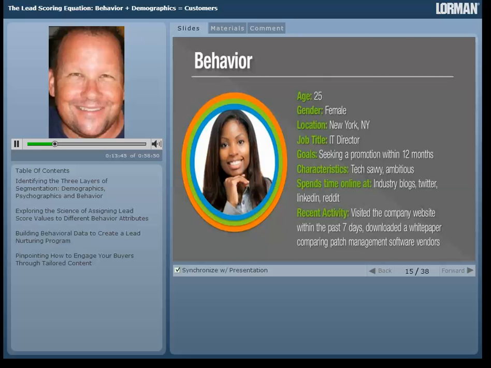She downloaded a white paper comparing patch management software, which is a really strong indicator that she's looking to make a purchase in this area relatively soon. So we're building out this picture of a potential customer that we can use to make sure our sales messages are as effective as possible and really take into account the individual, where they are on their buying journey, and how engaged they are with your brand.